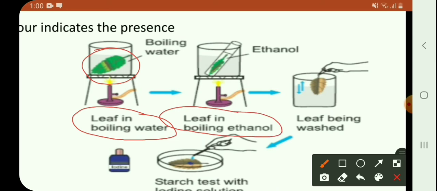Why we boiled it in alcohol? To remove any green pigment on it لحتى نشيل هود ال green pigments chlorophyll from the leaves. Then we washed the leaf by cold water and we add iodine solution. We observe the presence of blue-black color. That means the leaves contain starch.